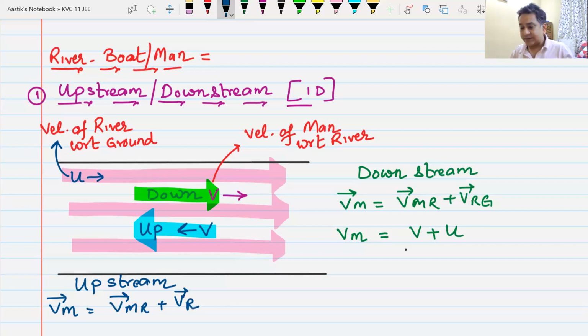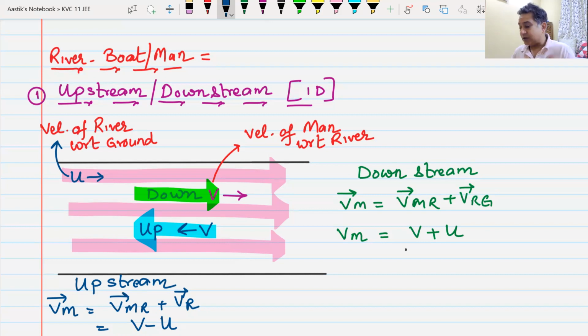But in this case, river is flowing like this and man is moving like this. Yes or no? So instead of them getting added, they will get subtracted. So in this case, it will become v minus u. Do we understand this? He will be moving slower with respect to the ground because river is flowing like this and I am moving opposite to the river.